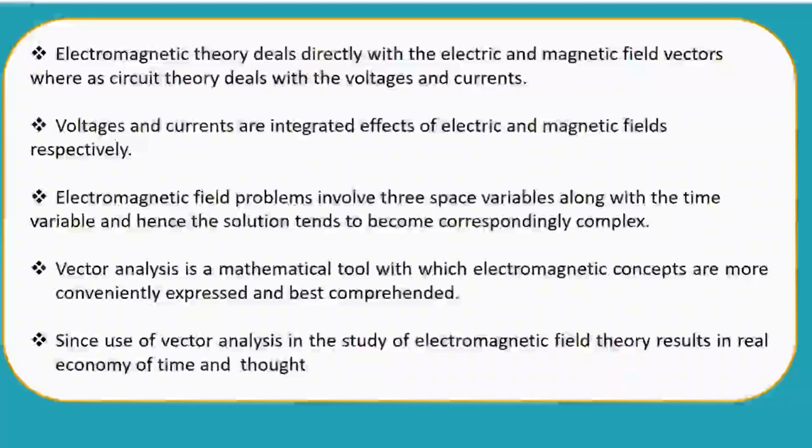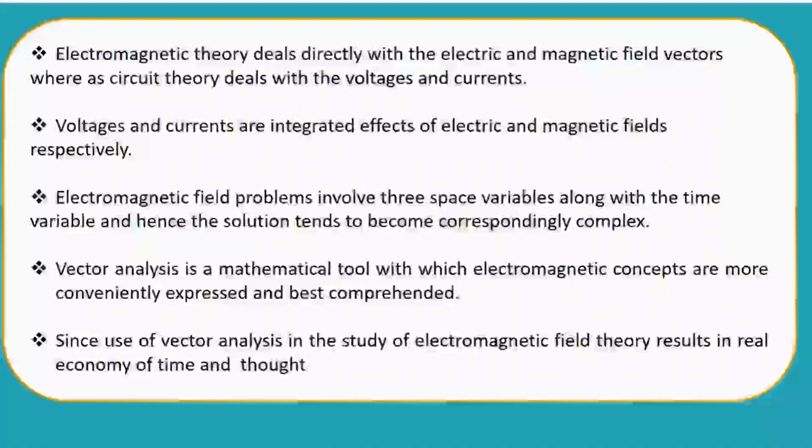It's very simple. We can have electromagnetic field theory everywhere. The electromagnetic field theory deals directly with the electric and magnetic field vectors, whereas circuit theory deals with voltage and current. The voltage and current are integrated effects of electric and magnetic field respectively.